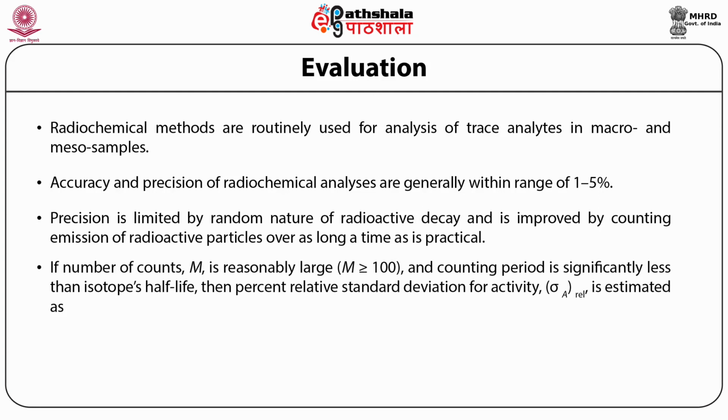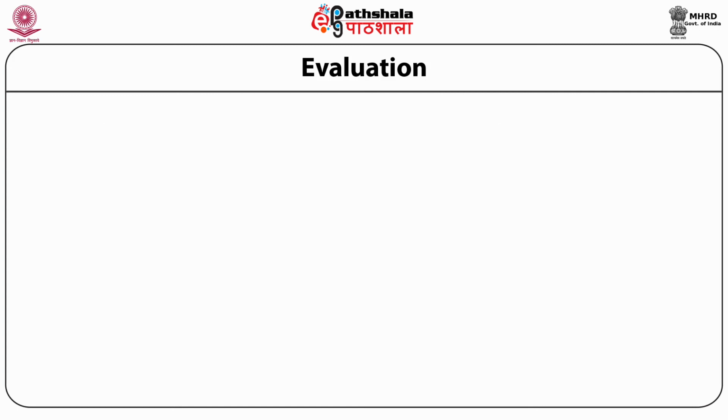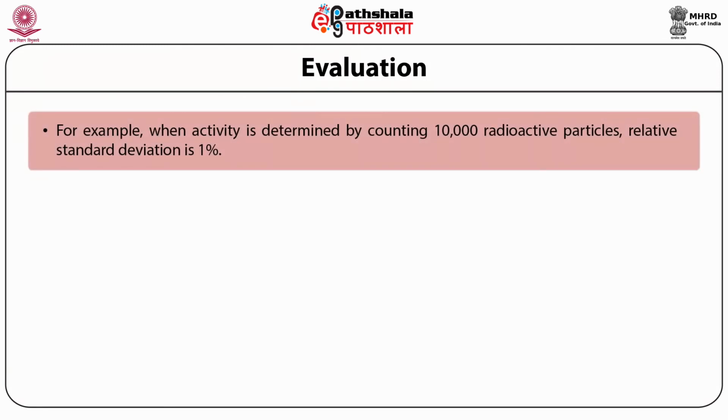If the number of counts M is reasonably large, that is M is greater than 100, and the counting period is significantly less than the isotope's half-life, then the percent relative standard deviation for the activity is estimated as sigma A equal to 100 divided by the square root of M. For example, when the activity is determined by counting 10,000 radioactive particles, the relative standard deviation is 1%.